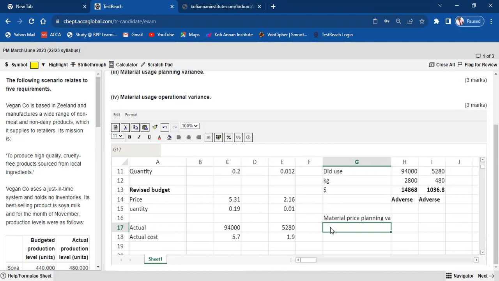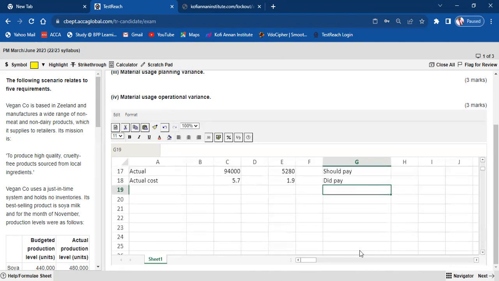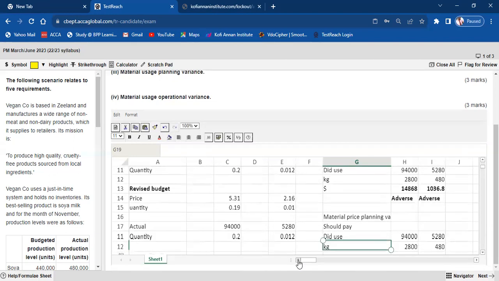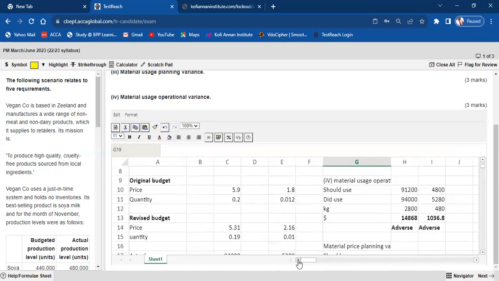Price variance. What we should pay as price and what we did pay as price. Talking about planning, I'm looking at the difference between the two budgets.